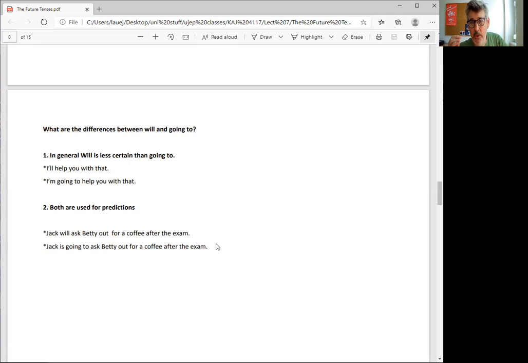But again, both of them are used for predictions, and I don't want to get into that. My point is there are places where we can use will. You can decide to use will and going to, and the difference in meaning is rather small.